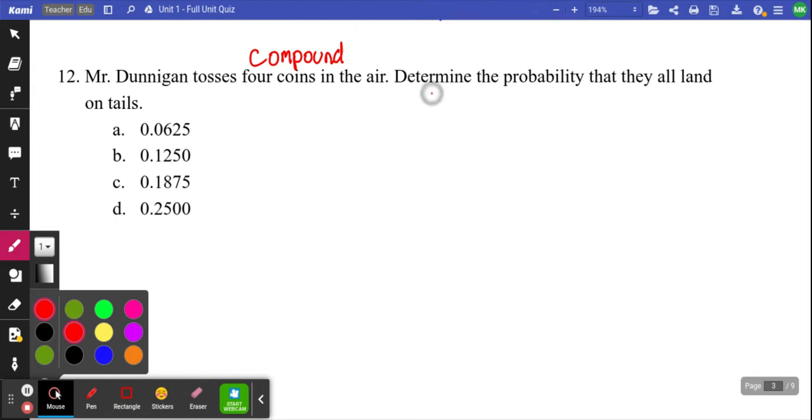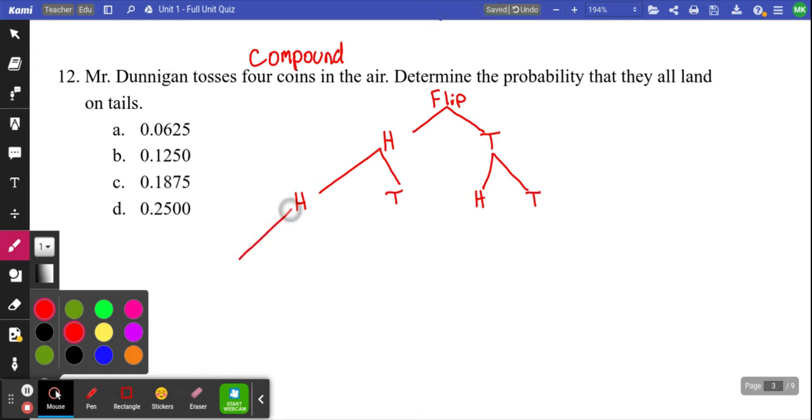We're going to do our first flip. We're going to flip our coin. You're either getting heads or you're getting tails. Then you're going to flip again. You're either going to get heads or you're going to get tails. Same thing here. You're going to get heads or you're going to get tails. Then you're going to flip again.